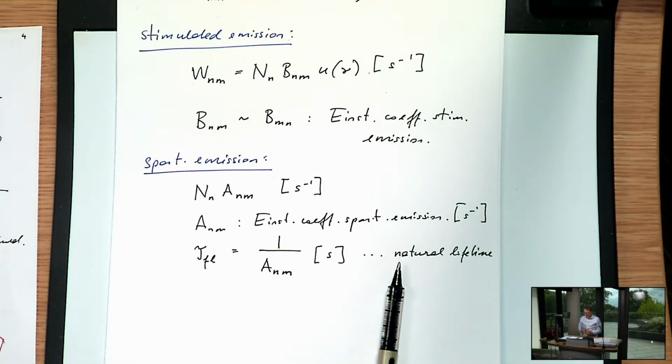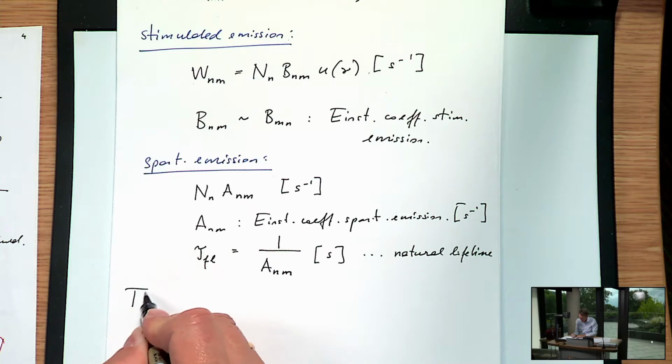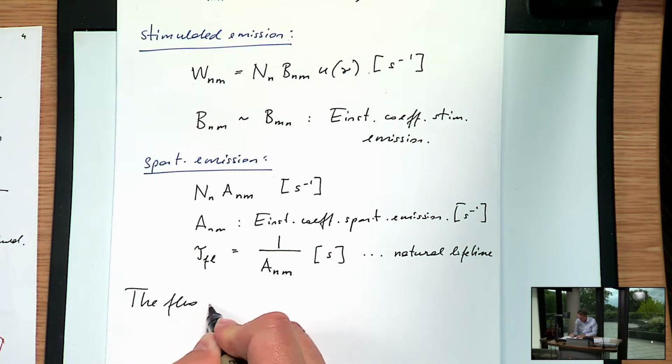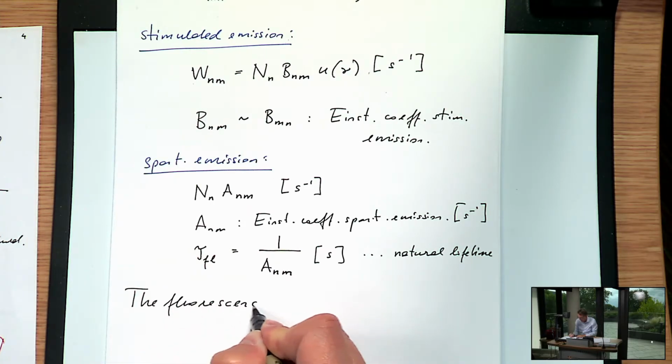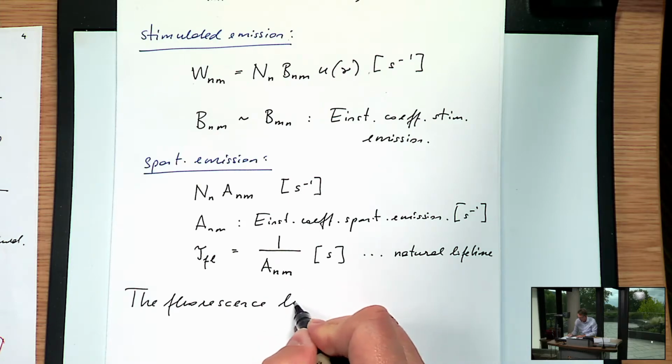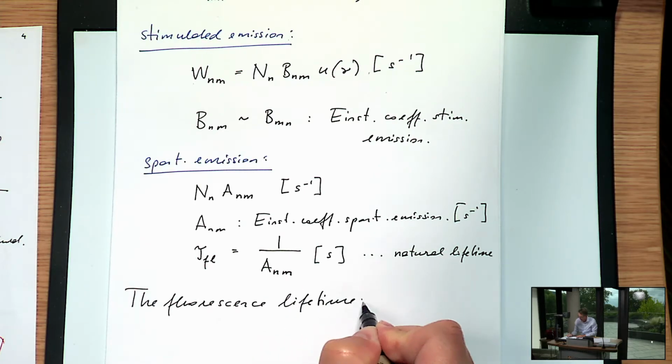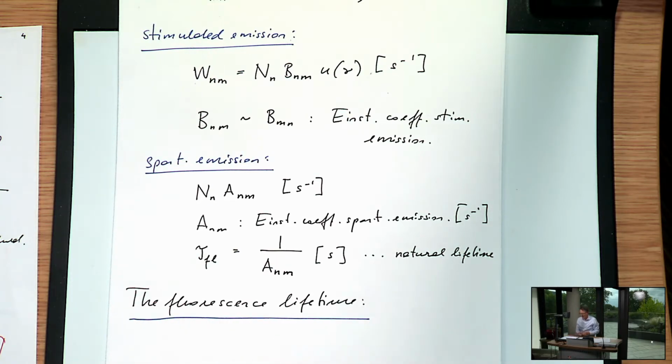That affects the way the molecule can de-excite, because it may de-excite by a collision rather than by emitting a fluorescence photon. So let's look at the fluorescence lifetime a little more carefully, because it is very important for a later lecture where we talk about measuring the fluorescence lifetime in microscopic equipment.